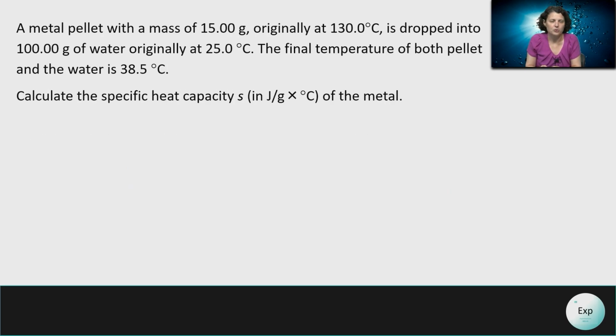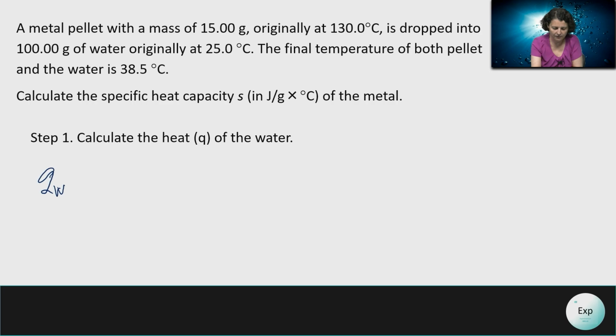Another way to approach this problem is to determine the specific heat or specific heat capacity of the metal. For that, we start the same way. First, we calculate the heat associated with the water.